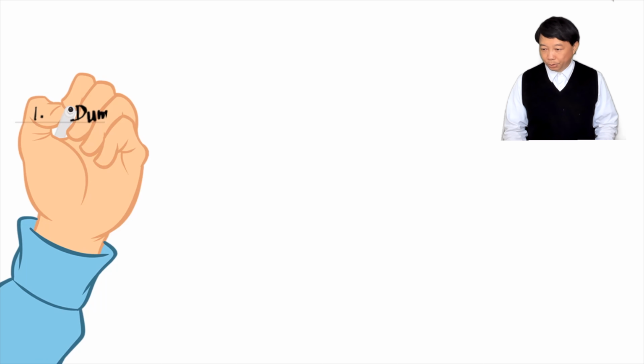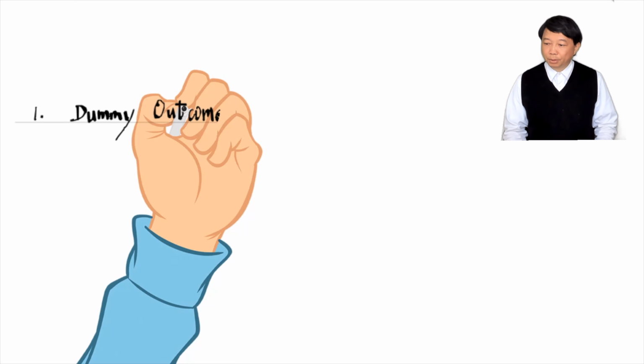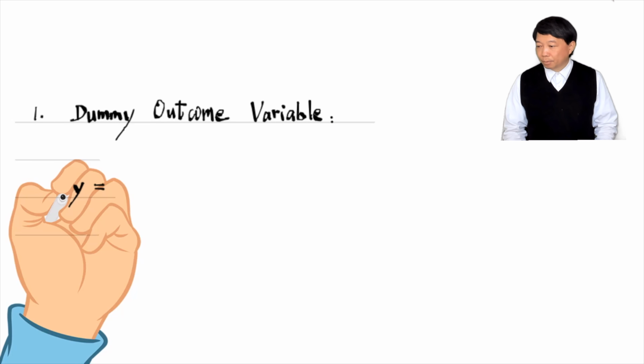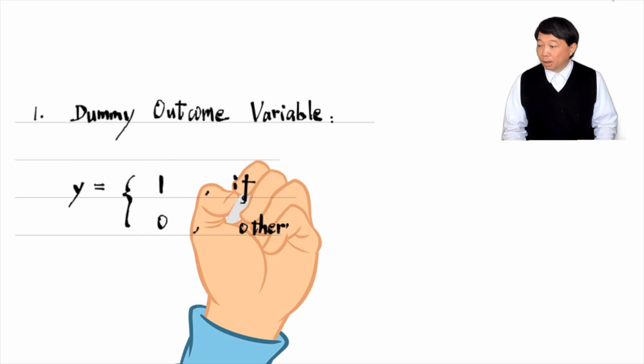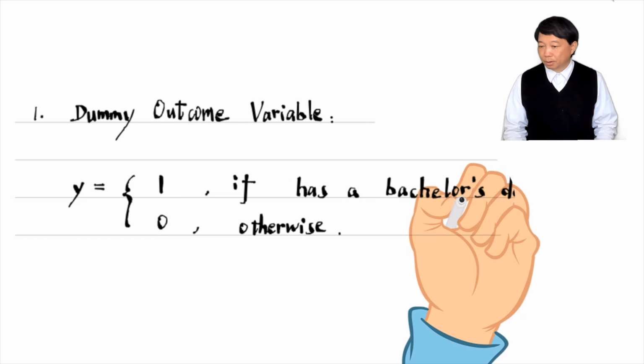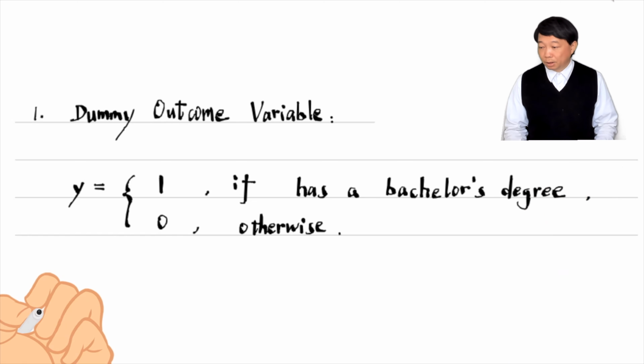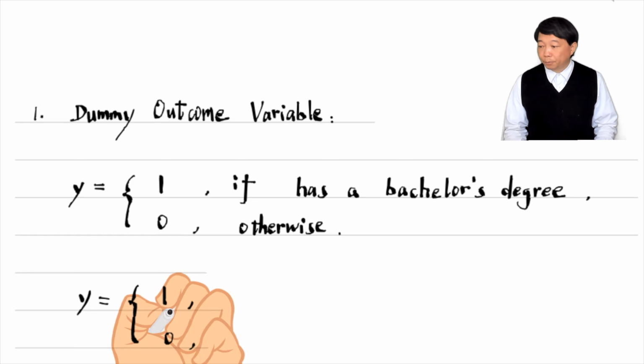Dummy or binary outcomes include whether a person has a bachelor's degree, whether a firm receives a government subsidy, whether a city provides free bus services, or whether a country has a positive growth rate.